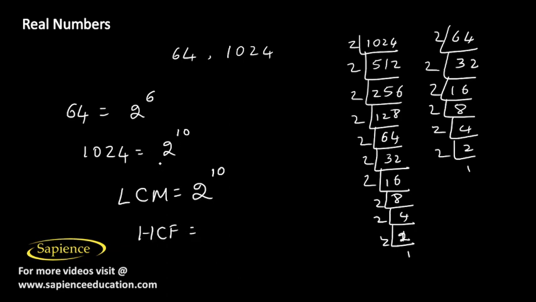The common factor between both of them is 2 and the lowest exponent is 6, so we write 2 to the power 6 as the HCF. This is how we find out LCM and HCF using the prime factorization method.